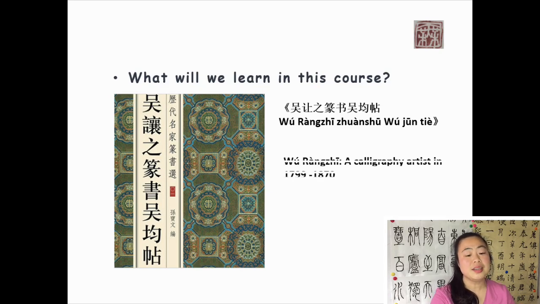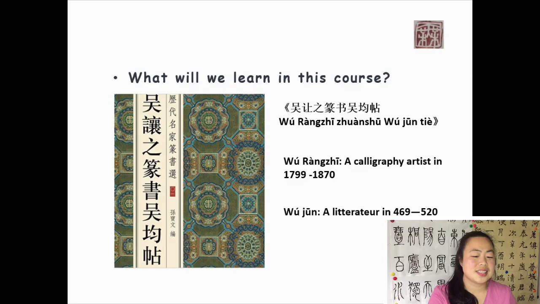And Wu Rangzhi is a calligraphy artist in Qing dynasty. Basically, it's the last dynasty in China. It's from 1799 to 1870. Okay, then Wu Jun is the literator from 469 to 520.